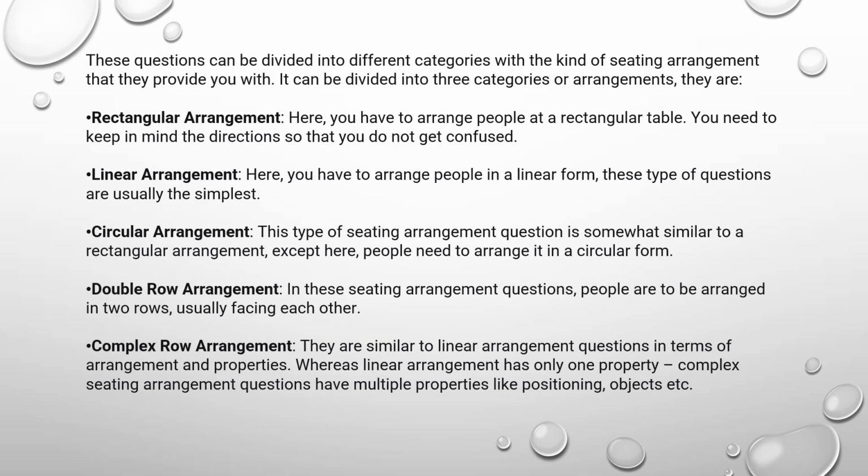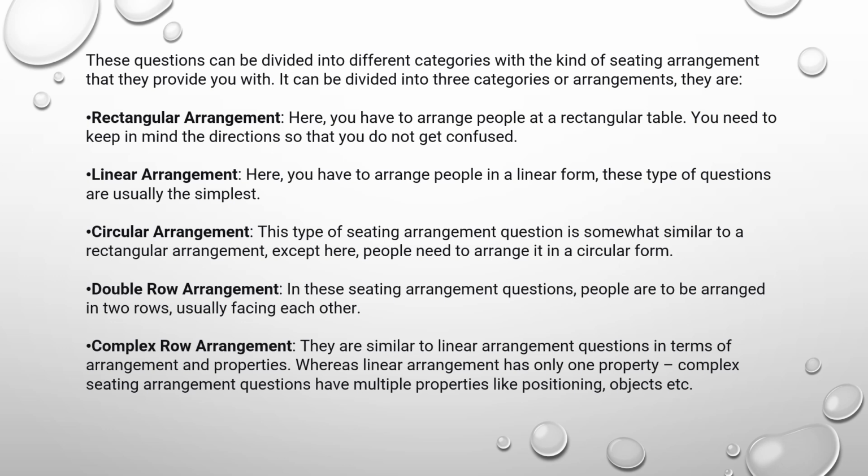Now, you can see here we have various types of arrangement. These questions can be divided into different categories depending upon the type of seating arrangement. The first one is the rectangular arrangement. Here you have to arrange people at a rectangular table.